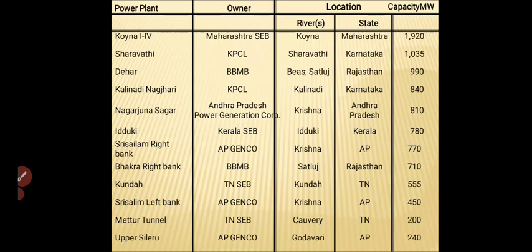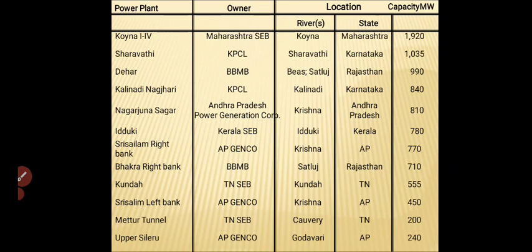The fourth one is Kalinadi Nagjhari, located in Karnataka on the Kalinadi river, with a capacity of 840 megawatts. The fifth one is Nagarjuna Sagar, located in Telangana state, previously Andhra Pradesh, on the Krishna river, and the capacity of the power plant is 810 megawatts.